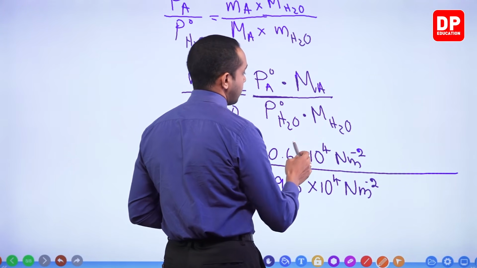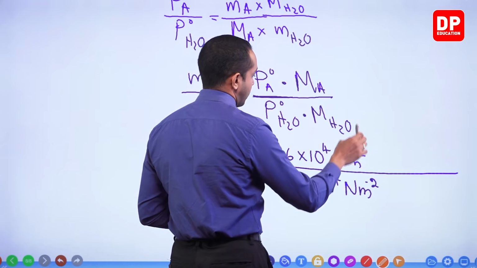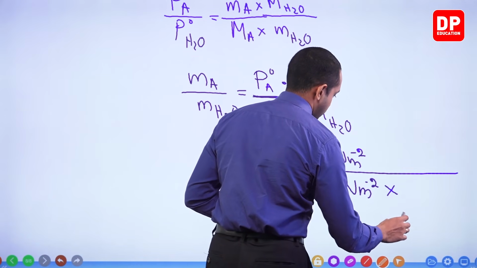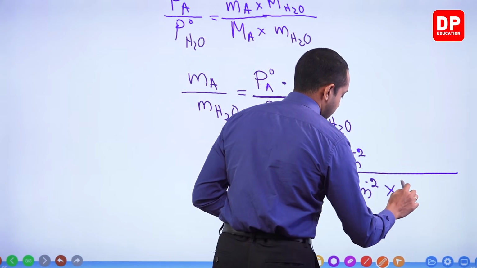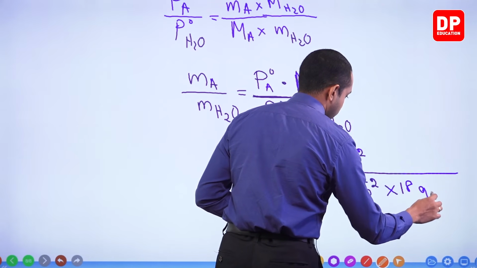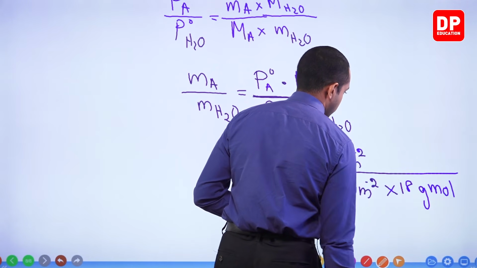Molar mass of A should be found out, and molar mass of water we already know, so we will substitute it here. It's going to be 18 grams per mole. That is the molar mass of water.